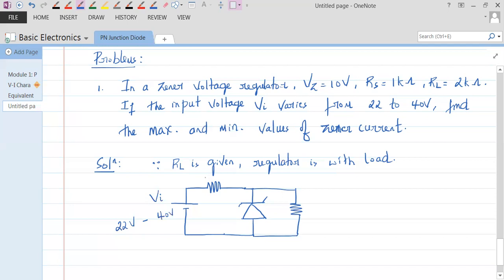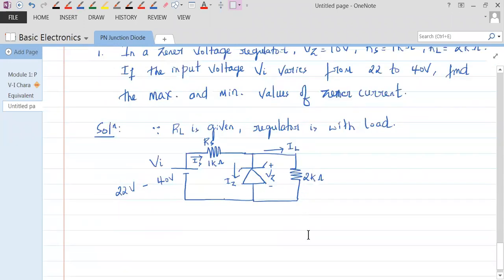And this is RS, and this RS is 1 kilo ohm. And VZ is here, plus, minus. RL is given to be 2 kilo ohms. What is flowing here? IS is flowing. And here IZ is flowing. And since the load is connected, it is IL.